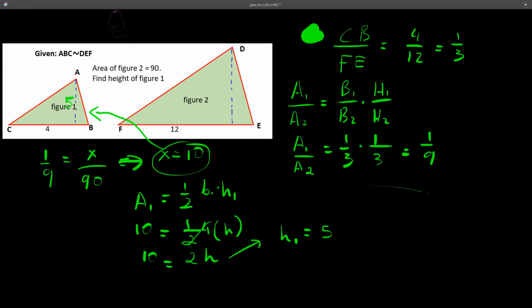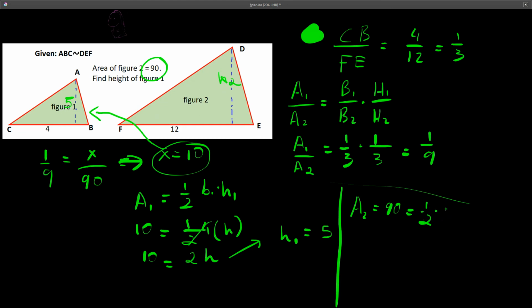Okay, another way you can do that is to use the area of 90 to find this height right here, height 2. And once you find height 2, then you can use the ratio of 1 to 3 and find height 1. So I can show you that real quick. Area 2 is 90, and that is equal to 1/2 times the base, so I'm using 90 for this triangle.